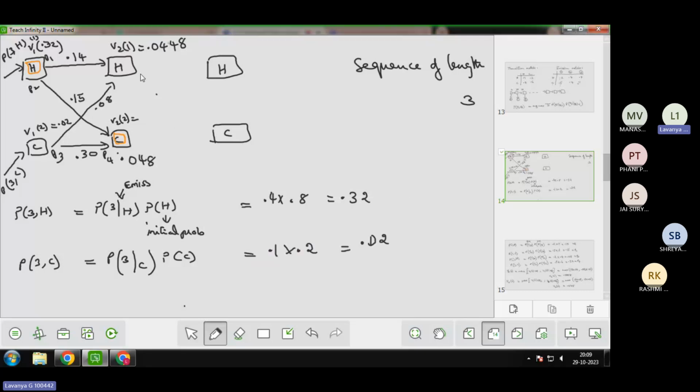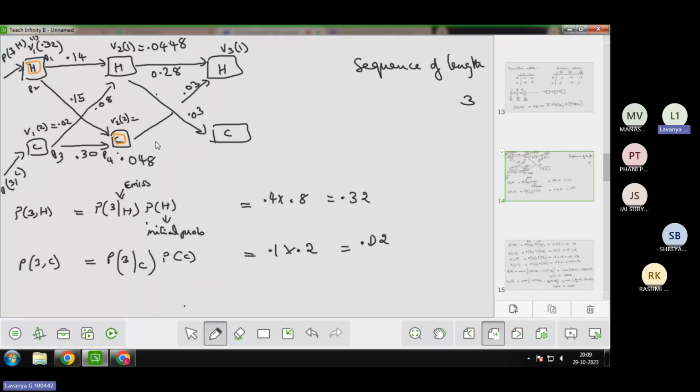Similarly, if I have to go for the next phase, hidden to hidden, I will have this value to be 0.28 and here I will have my V3 of 1. Before calculating, I should have hot to cold, which is 0.03. Then I have cold to hot, that also when I calculate is 0.03.